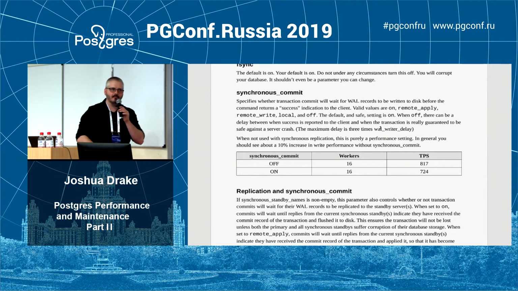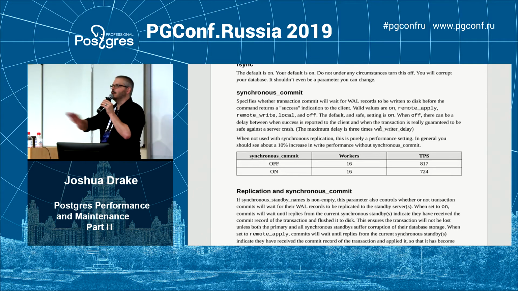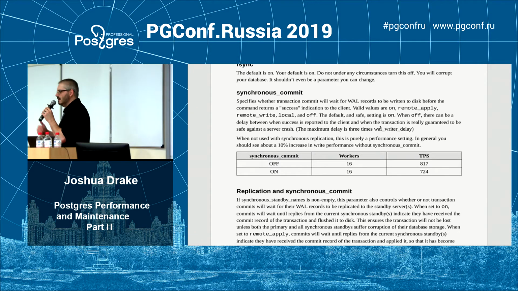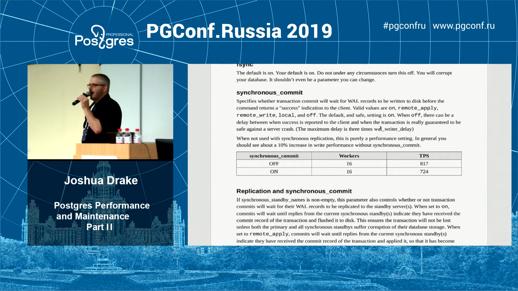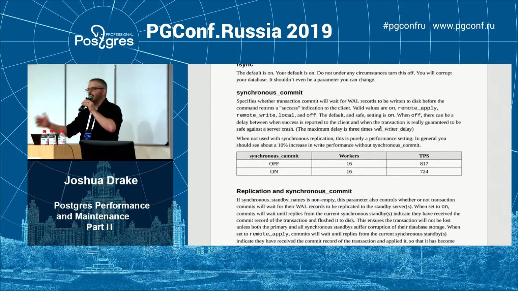Without this setting, you are essentially being lied to continually about whether or not your data is on disk. And let's say some guy who's drinking coffee walks into your data center and goes, oops, and the server crashes. Well, no big deal. You reboot, clean it up, whatever.